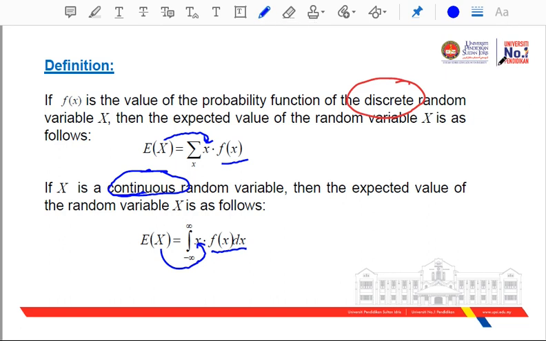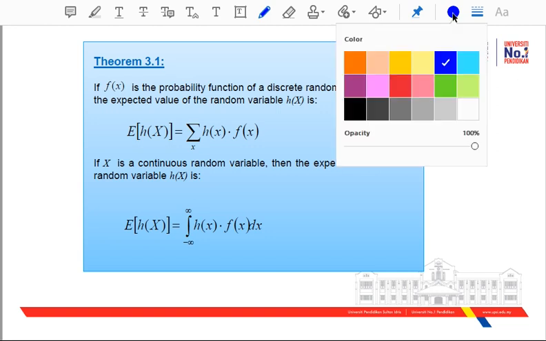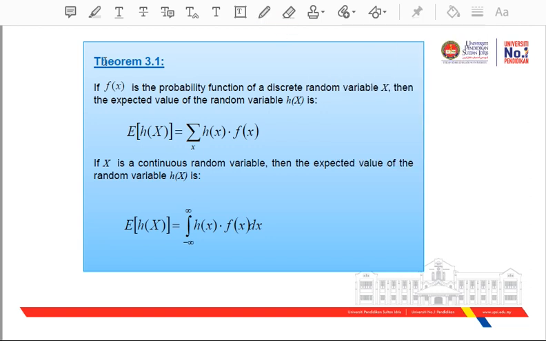Alright, so next let's look at another theorem before the example. The same concept is used here. If f(x) is the probability function of a discrete random variable, then the expected value of the random variable h(x), E[h(x)], is the summation of h(x) times f(x).